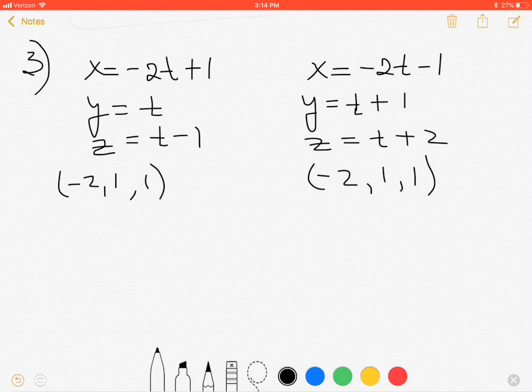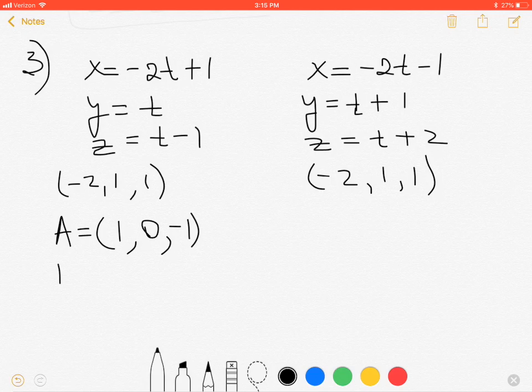Let's go t equal 0, for example. This means I have point A with coordinates 1, 0, negative 1. Point B, let's go t equal 1, for example.